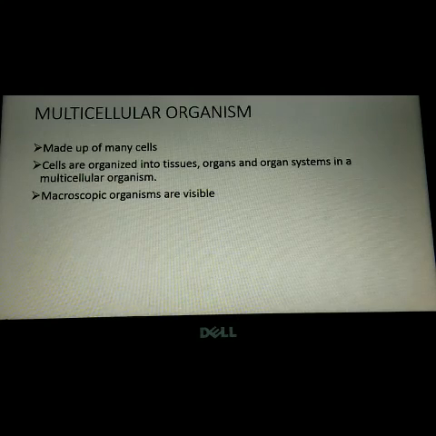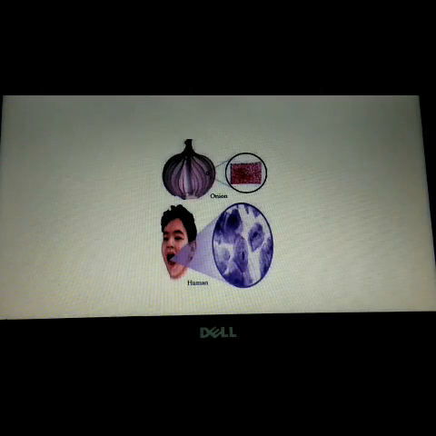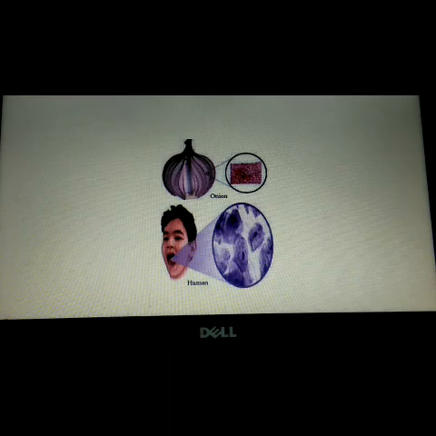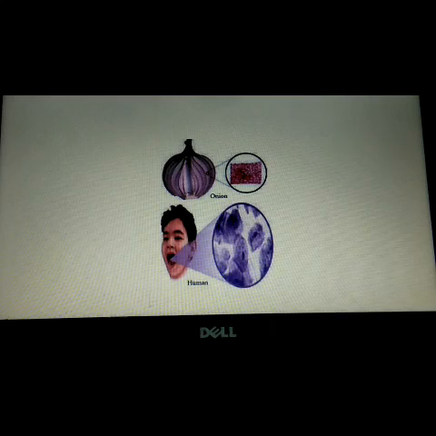For example, onion and human. In our human body, we have n number of cells, so we come under multicellular organism. Similarly, onion is also composed of many cells, so it is also a multicellular organism, right?